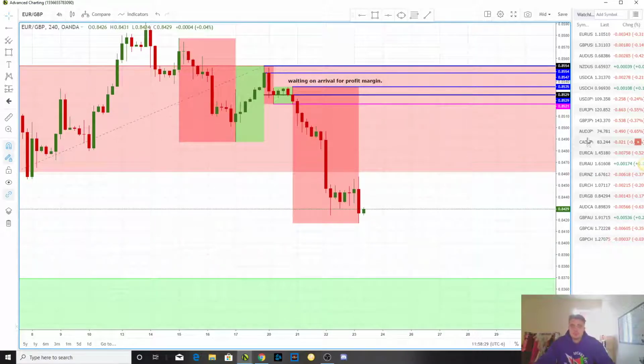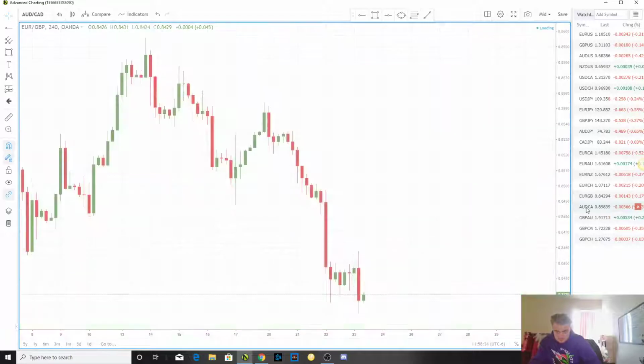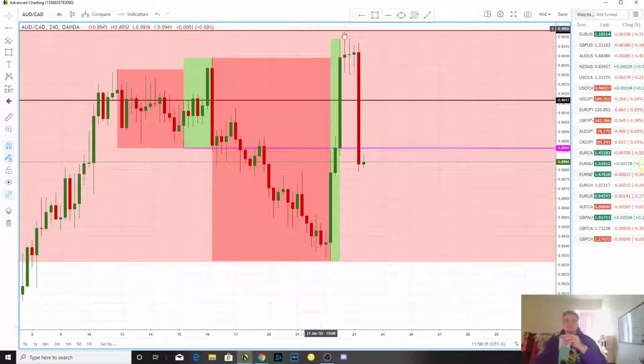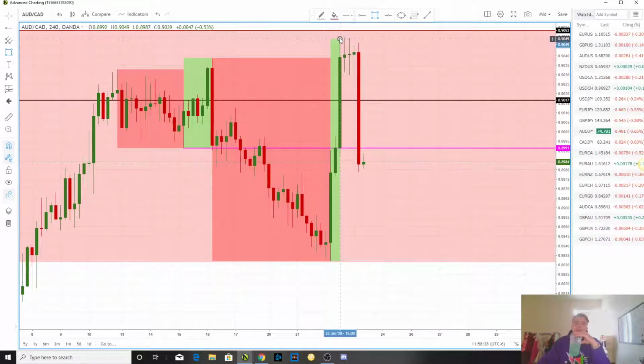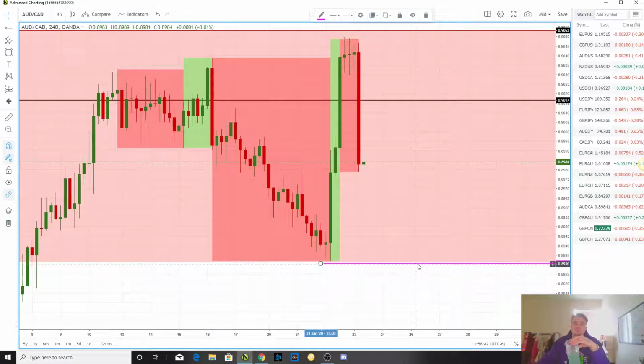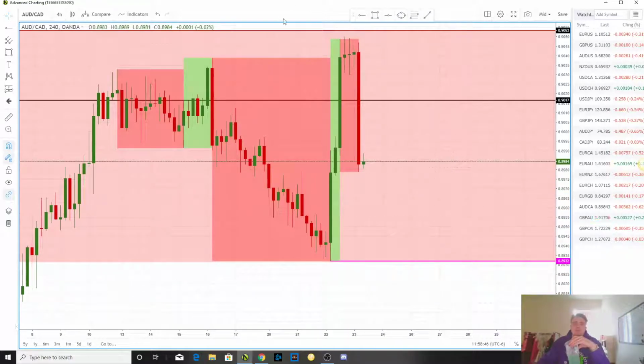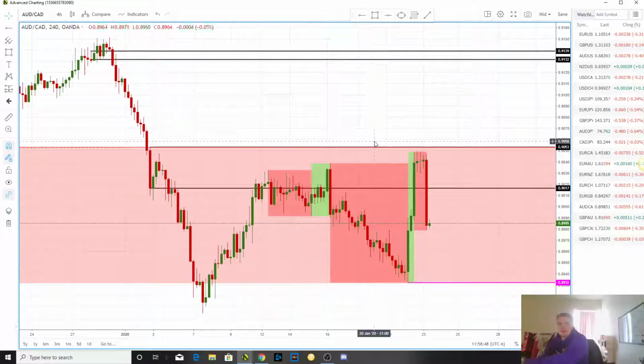No up moves yet, which is good-ish, I guess. With our current swing low, hopefully it pulls. You get stopped out and then it goes your way. That's such a pain in the ass.